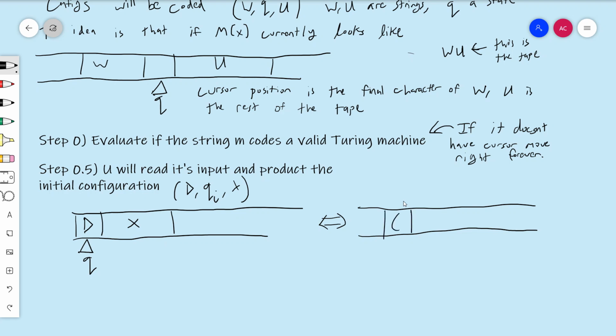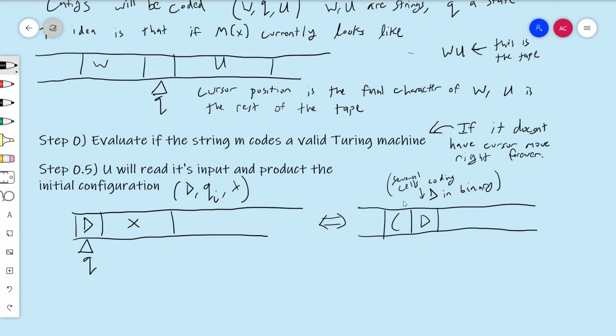It'll have a parenthesis in one slot, and then a triangle, just this one triangle. And of course, this is not just one cell. This is several cells coding a triangle in binary. So it's not an actual triangle on our universal Turing machine.